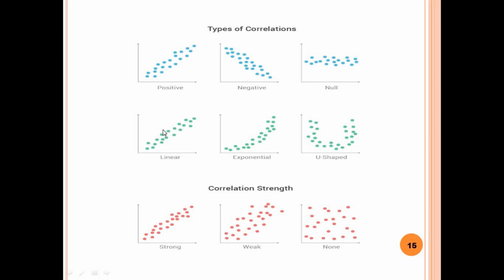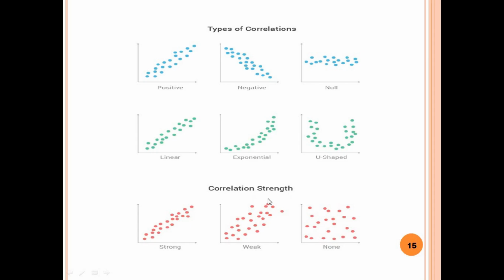This looks like a line, so this is linear correlation. This looks like an exponential curve, that's why this is called exponential correlation. And this looks like a U shape, that's why this is called U-shaped correlation. Now from these three diagrams, this is the strength of correlation.